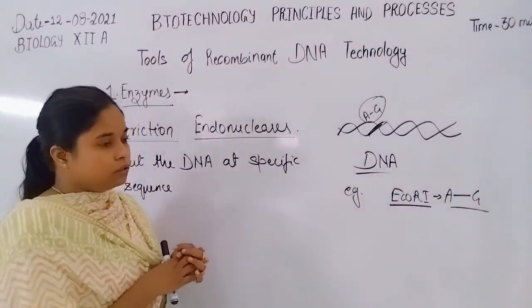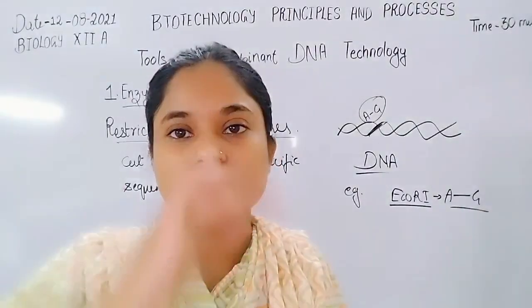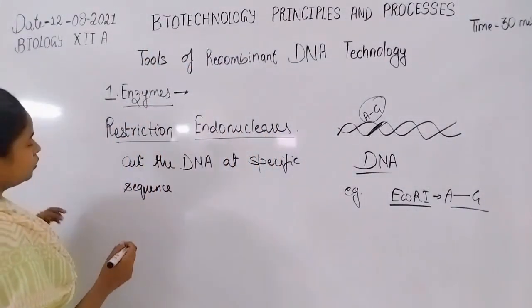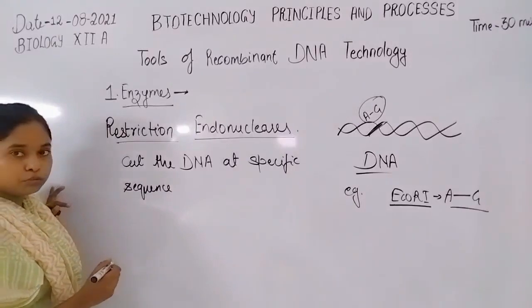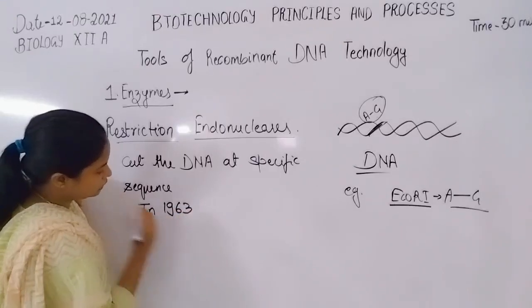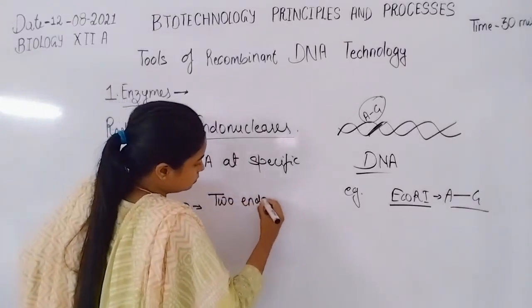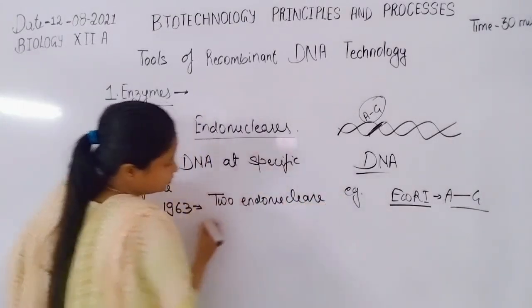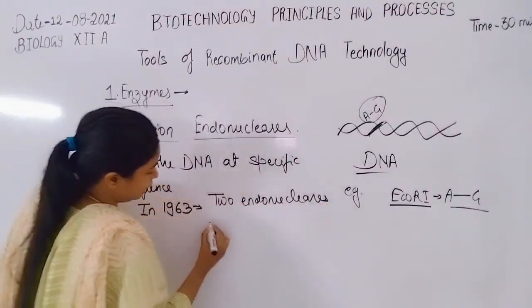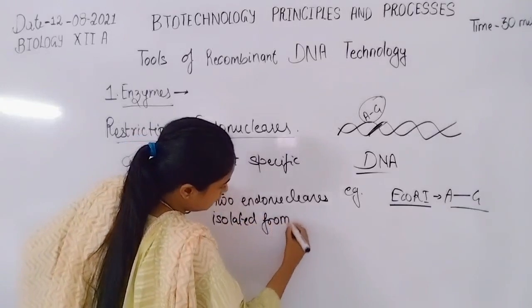There are two types. In 1963 two endonucleases were isolated from E. coli.